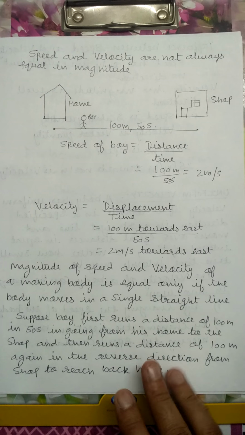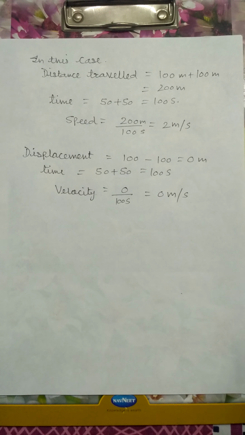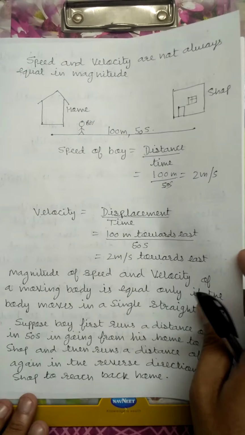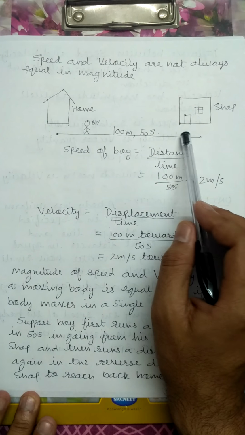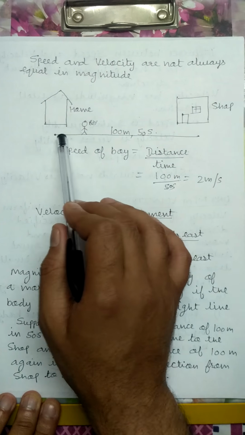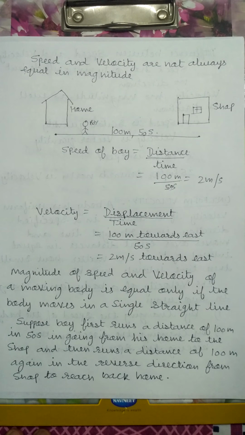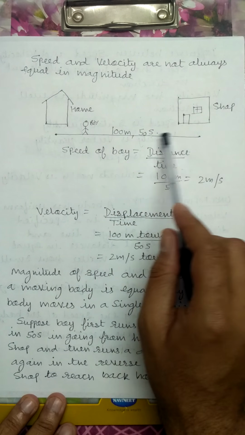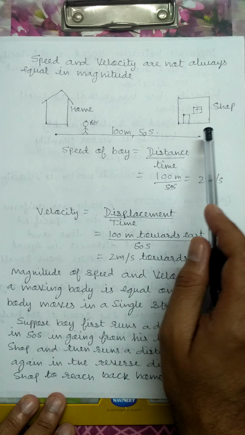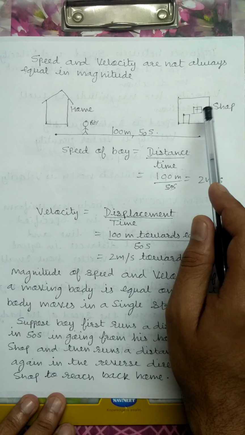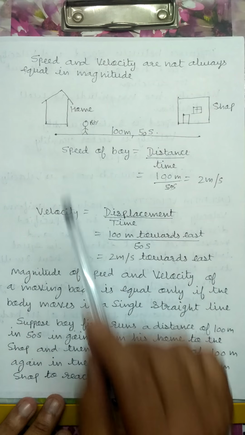So what is the distance traveled by this boy? Distance traveled is 100 meters plus 100 meters, that is 200 meters. And what is the time taken? 50 seconds when he goes from home to shop, and another 50 seconds when he goes back from shop to home.